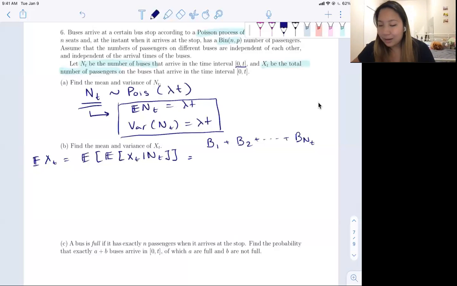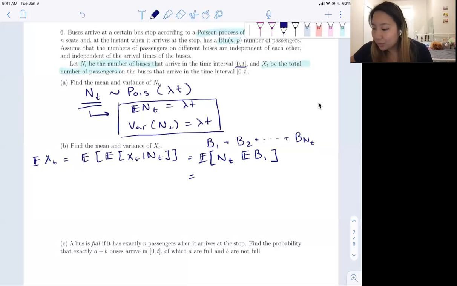Once we know that, it's just N_t times the expectation of one of these binomials, B_1, and then I'll take the expectation of the whole thing. The expectation of one of these binomials is just np, because they're IID Binomial(n, p).